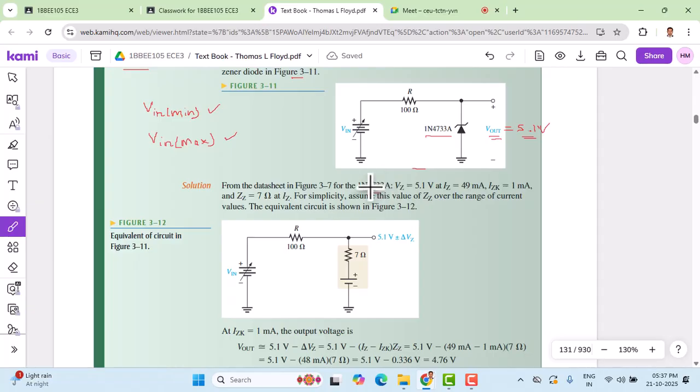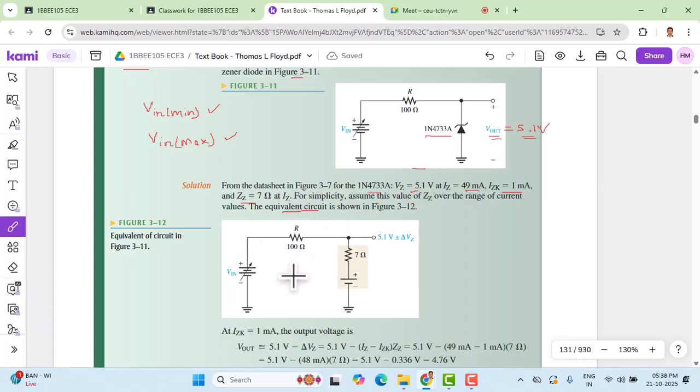In this example, VZ is 5.1 volts at IZ of 49 milliampere, and the minimum current is given as 1 milliampere, which is IZK. The Zener impedance is given as 7 ohms at IZ. For simplicity, we should assume this value ZZ over the range of current values, and the equivalent circuit of that can also be written.